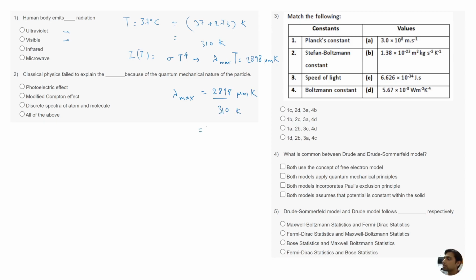So what we will get out of this is 2898 divided by 310. It is around 9.3 micrometer. So this falls in the infrared region.